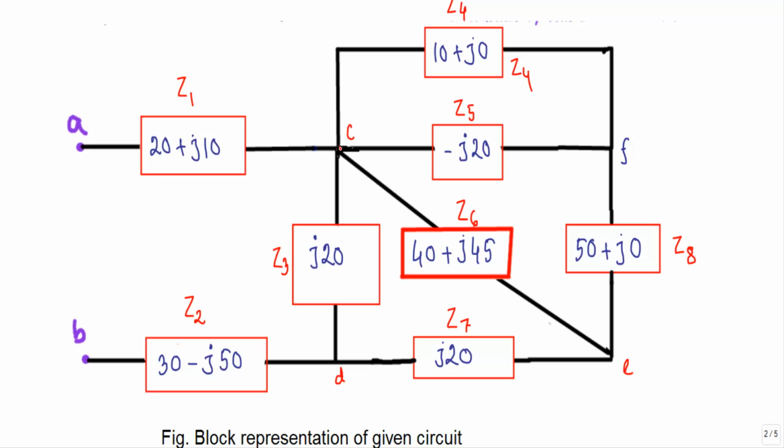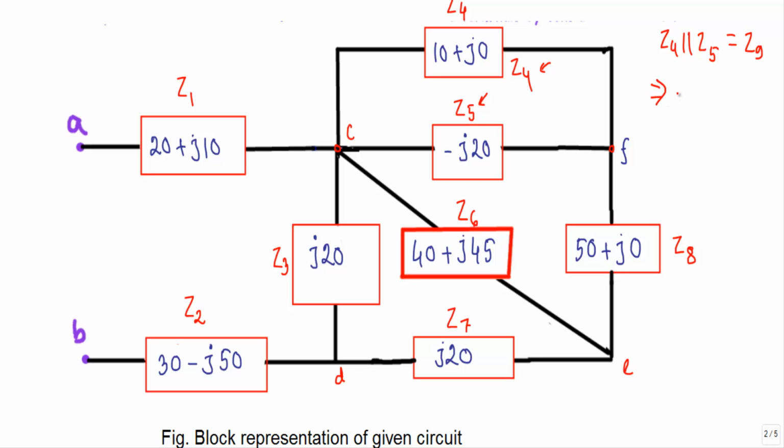Now look at between C and F terminals. You will see between this C and F terminals I will have the impedance Z4 and Z5. They are connected in parallel. So when Z4 and Z5 are connected in parallel, I can replace these two impedances with their equivalent impedance. Let's say that equivalent impedance will be Z9.